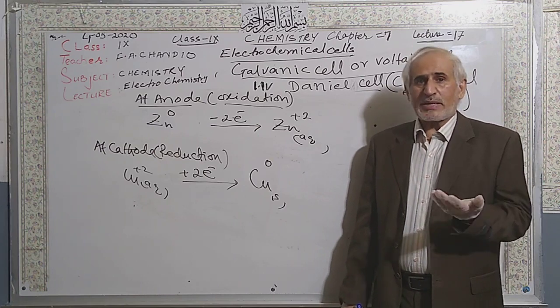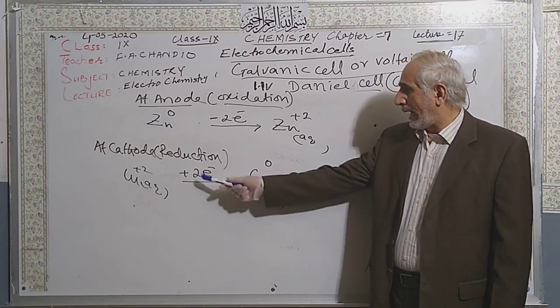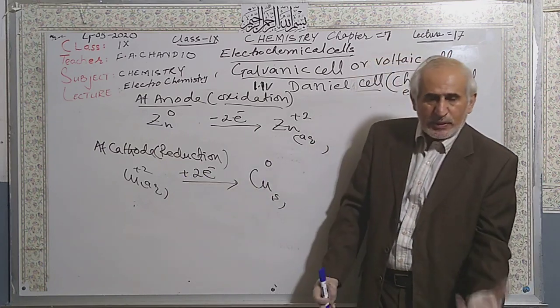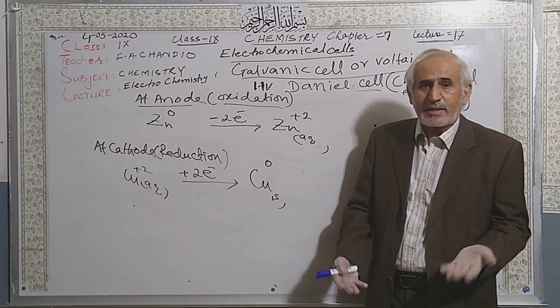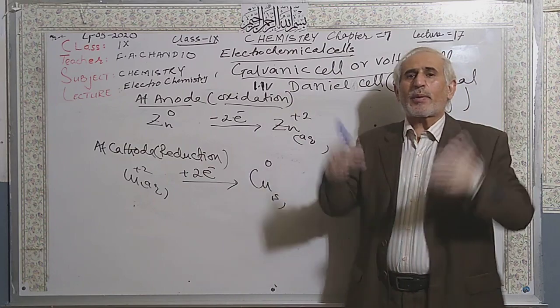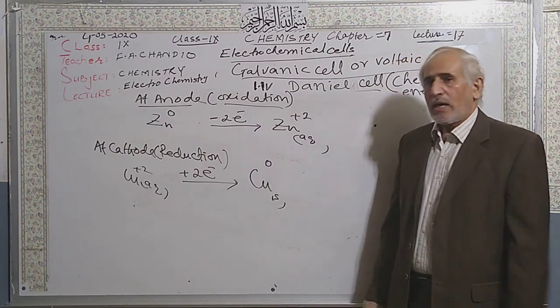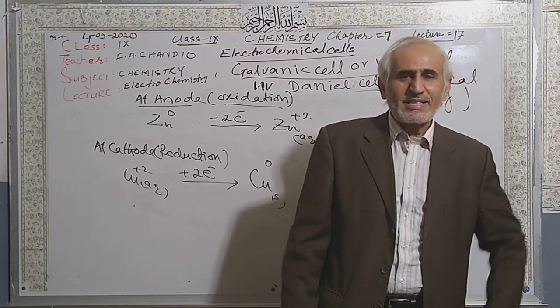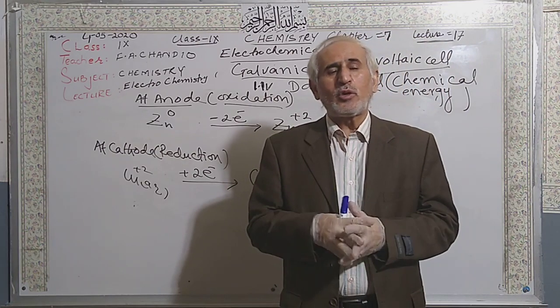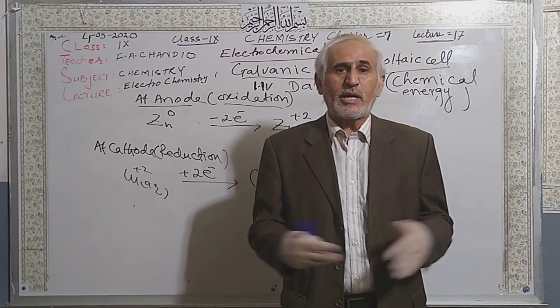Slowly, gradually, after passage of time, the copper ions which are present in the 1 molar solution of copper ion change into copper metal. So at the copper electrode, more copper is going to be collected. It means that copper ions slowly and gradually are going to decrease. The concentration of copper ions will decrease.